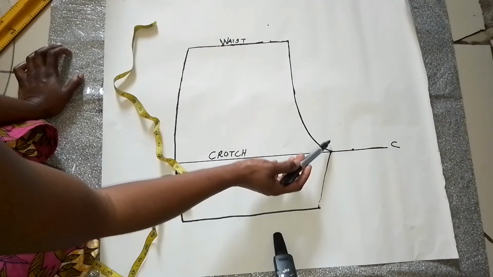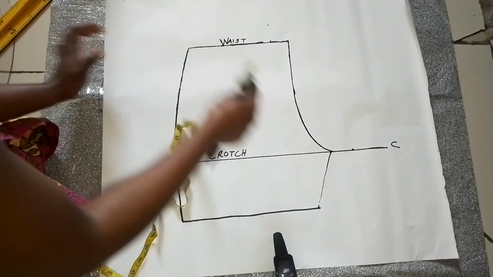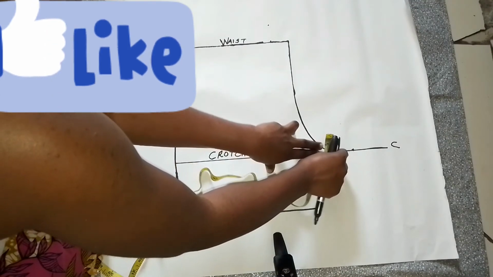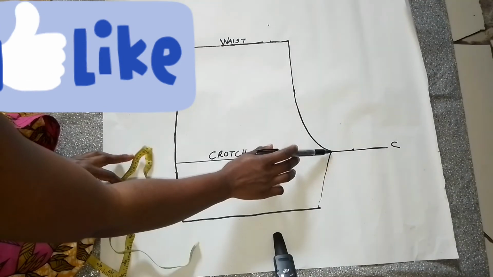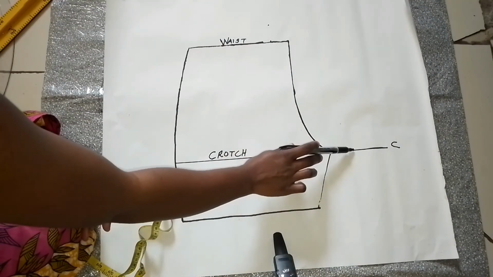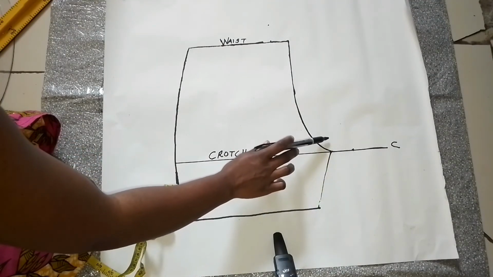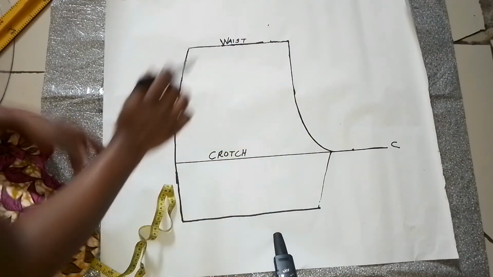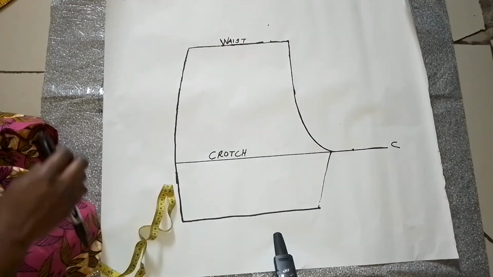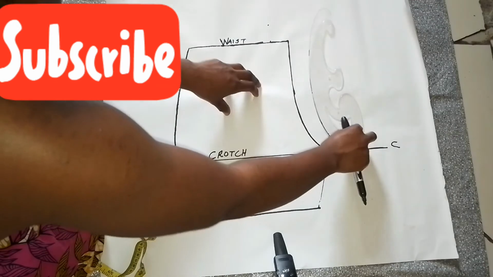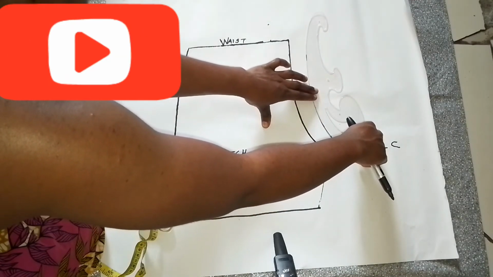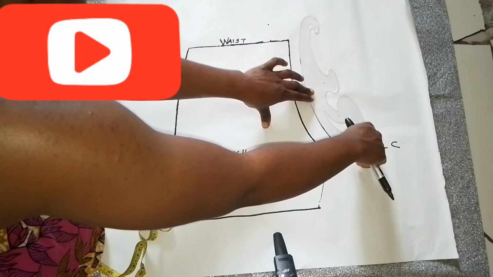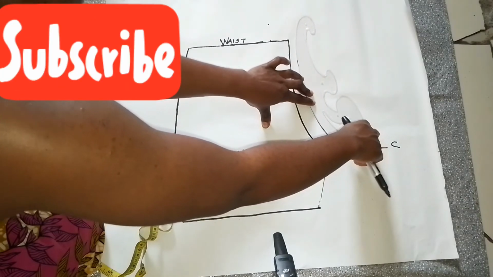But to help me make the curve perfectly, I'm going to move upwards here by 1 inch. This 1 inch is just an aid to make the curve perfect. But if you're accurate enough, you may not need this 1 inch. Just get the curve ruler and connect. Curve the back crotch line.